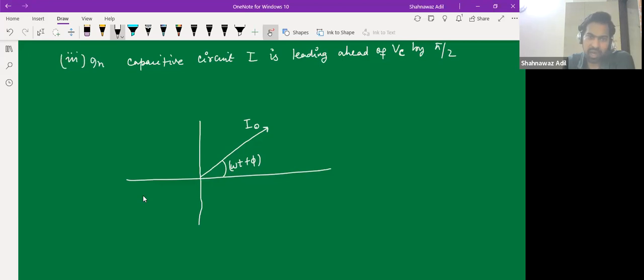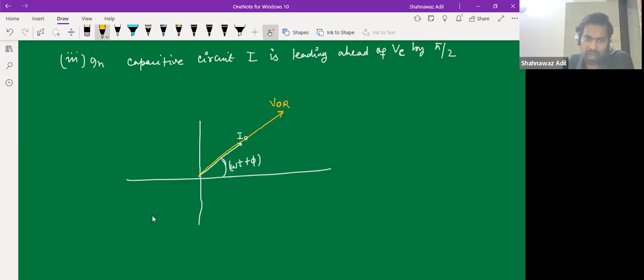Now we know that in a resistive circuit, the voltage is in the same phase as the current. So this is with the same phase, and let's say this is VR naught. Understood? Is this clear?